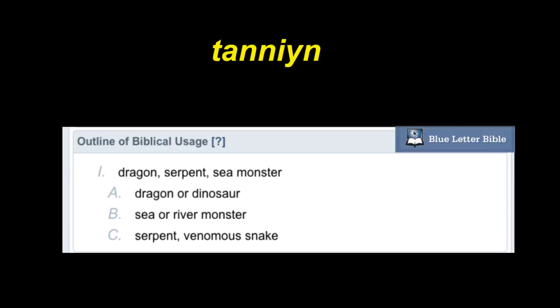I'm going to show you what this word means here. This word whales in the Hebrew is the Hebrew word tanim. And in its usage throughout the Bible, it's most often translated as dragon, serpent, sea monster, and more specifically, even dragon or dinosaur. Check that out, dragon or dinosaur? Sea or river monster, serpent or venomous snake. No whale mentioned there. So there's only a couple times, I think, where it's translated as whale.